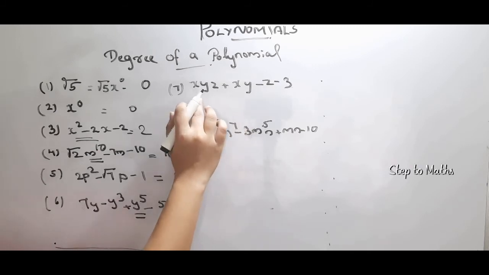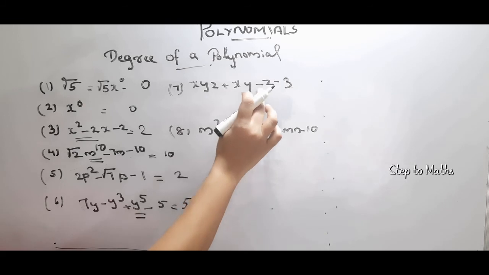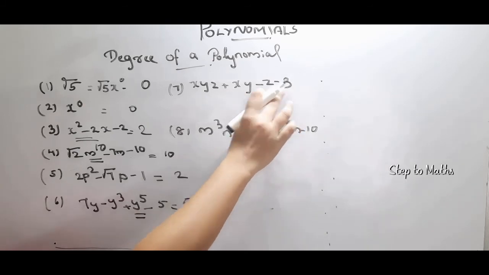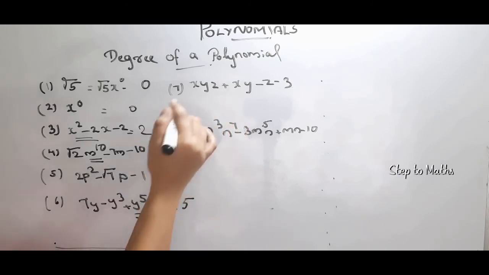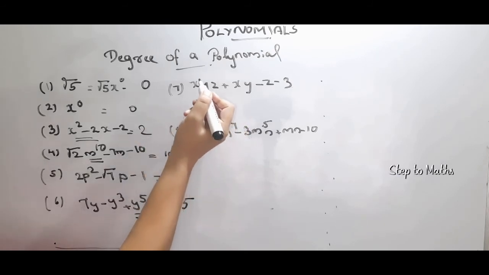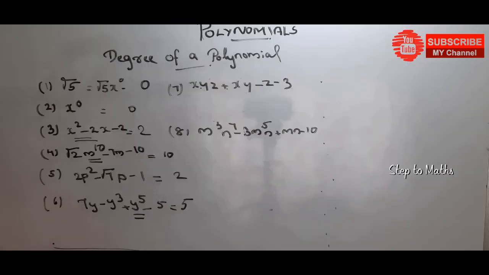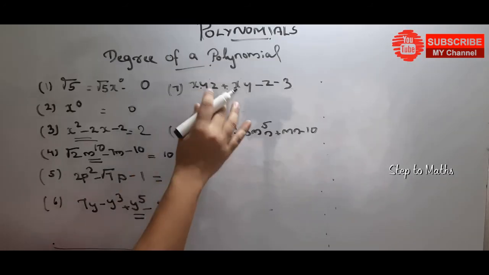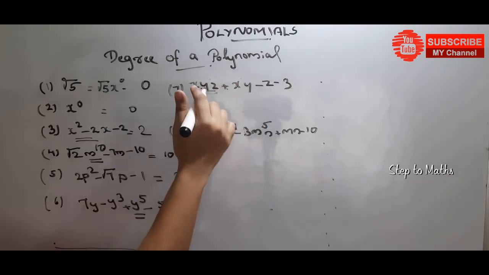Now consider this one, xyz plus xy minus z minus 3. This is a polynomial in 3 variables. X, Y and Z are the variables. So how can we find the degree of this polynomial? Consider term by term. Consider the first term, xyz.